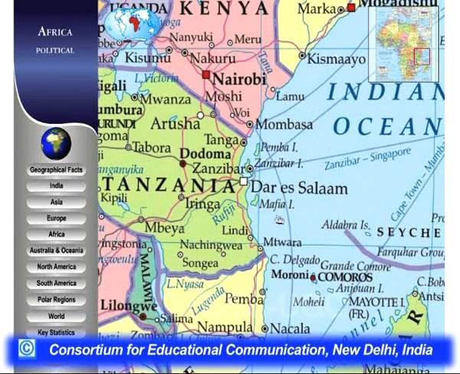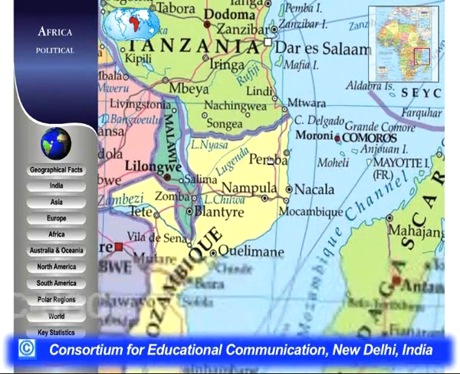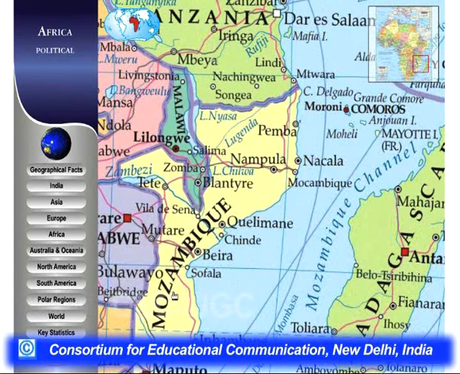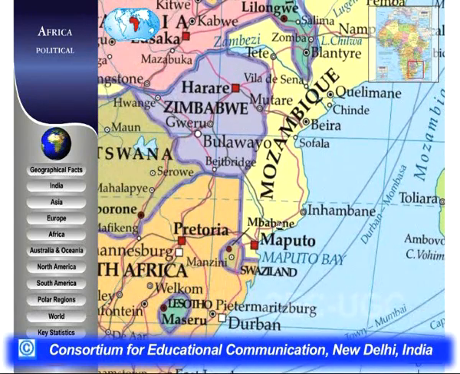So Dar es Salaam is a cloves exporting port of Africa. Mozambique has Maputo, a major port in Mozambique.